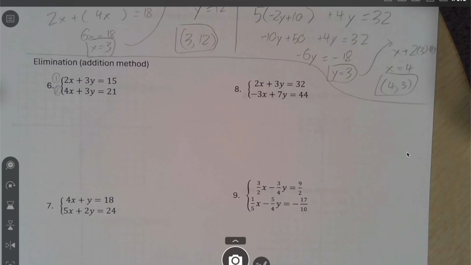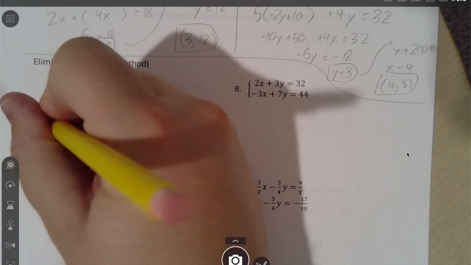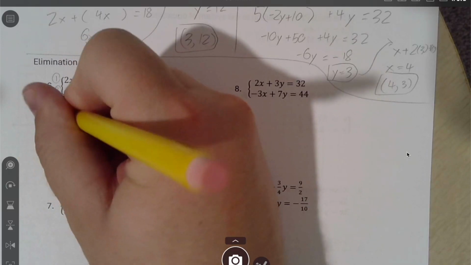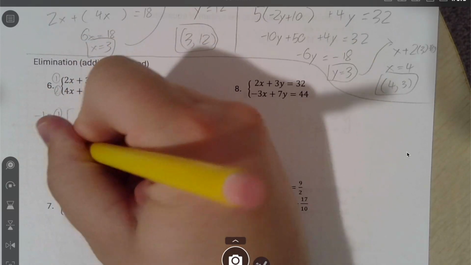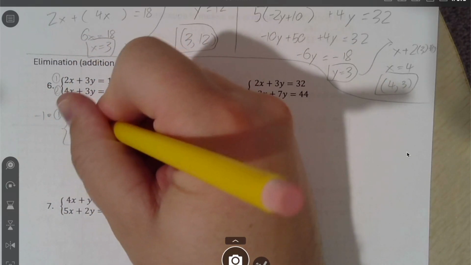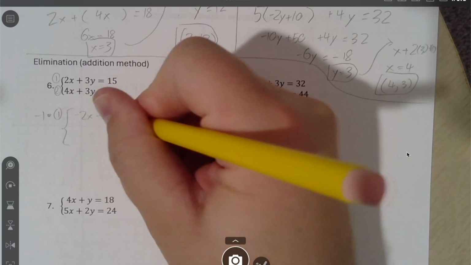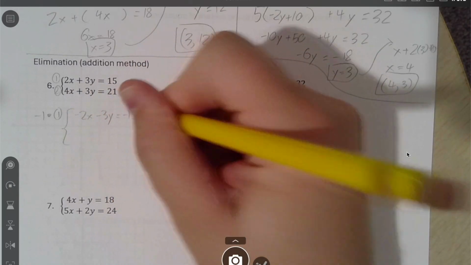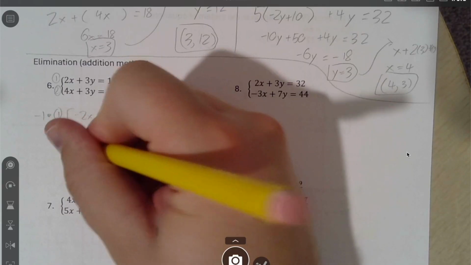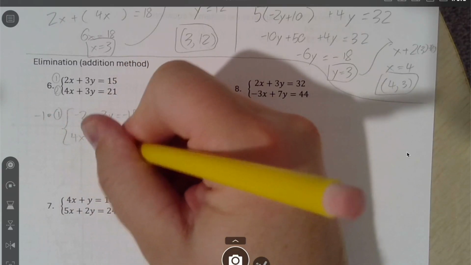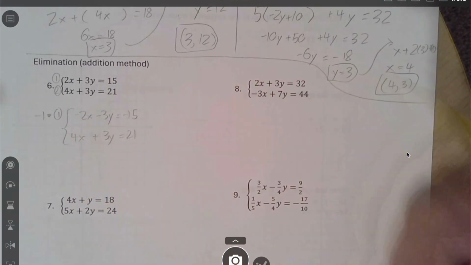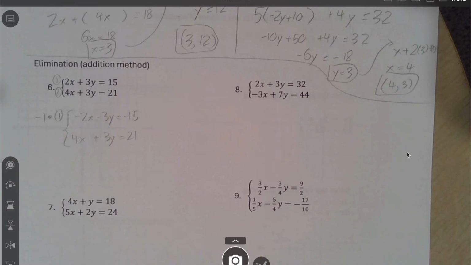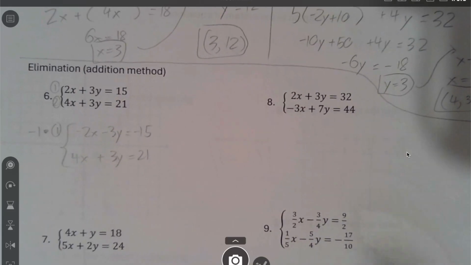So I just need to change their sign. So maybe I'll multiply a negative 1 to that first equation and see what we get. That'd be negative 2x minus 3y equals negative 15. Underneath, I'd have 4x still plus 3y equals 21. Because all we're doing is distributing that negative to the top equation, not the bottom.